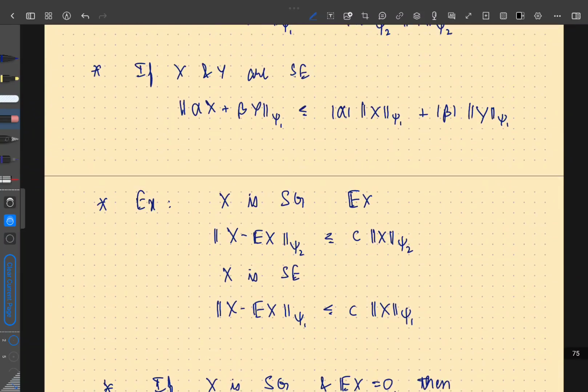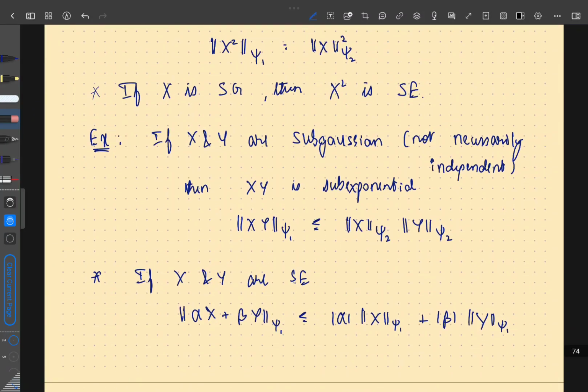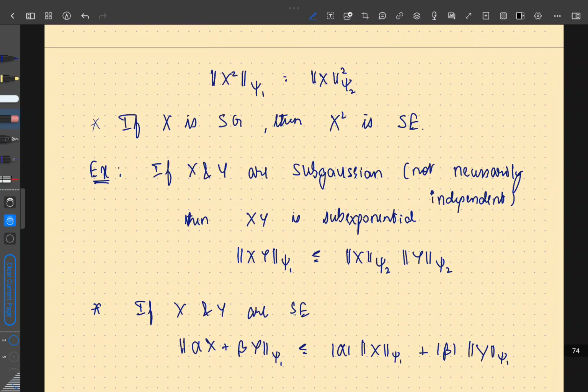So the main advantage of these observations is that we are obviously interested in not just random variables but random vectors, typically high dimensional random vectors.